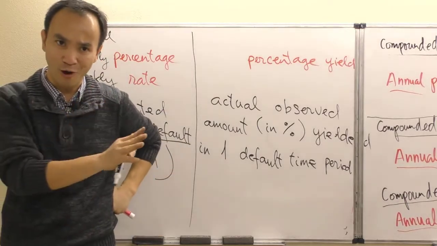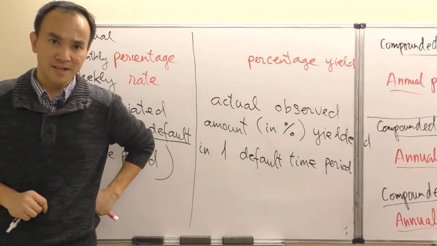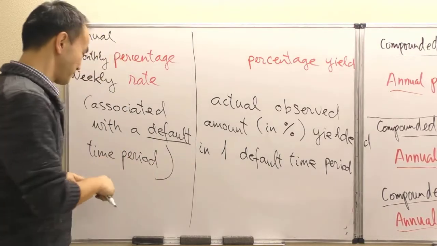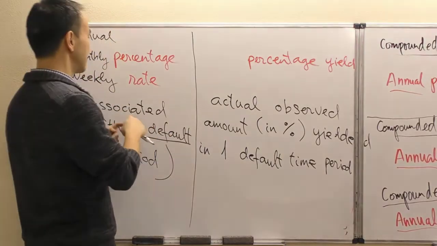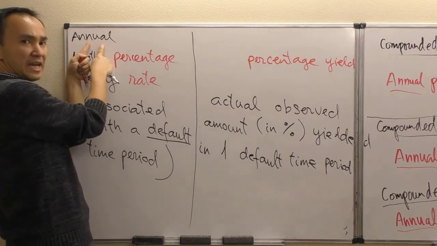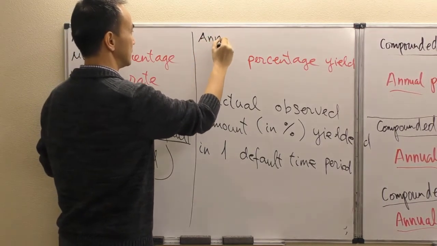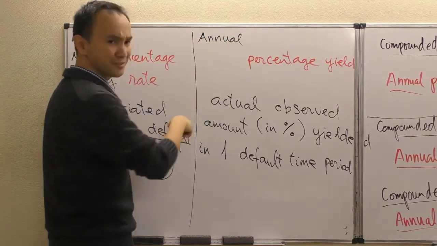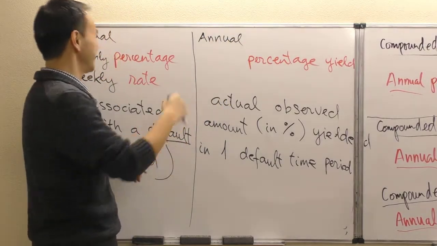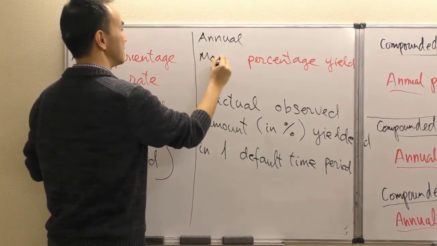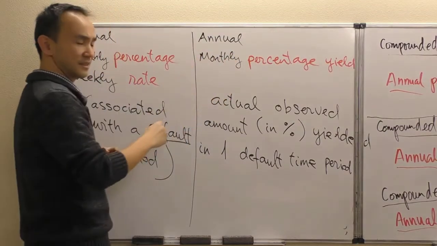We have control over that. So if it's an annual percentage rate, then here it has to be equivalent to an annual percentage yield. That's why it's starting to get frustrating. And then here it has to be monthly, equivalently, or weekly.